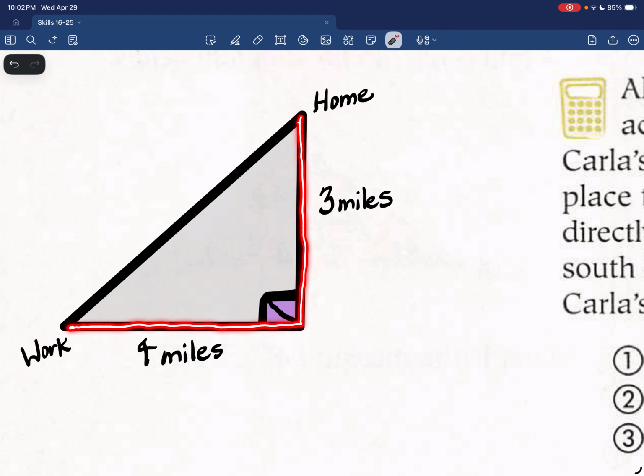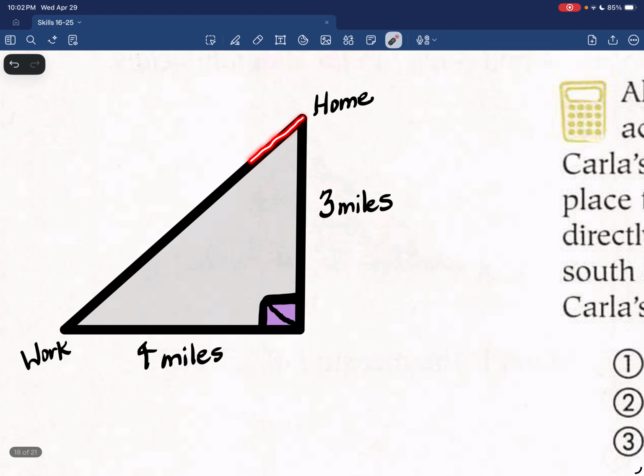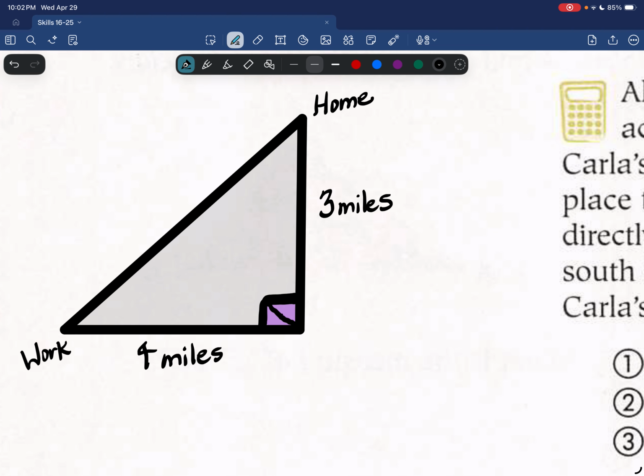Do you see a better way? This is what Pythagoras said, that the shortest distance between 2 points is a straight line. If you're going here and turning, you're driving more than you need to. To go from home to work the way a bird would fly, you would follow the hypotenuse. And the hypotenuse is 5 miles.